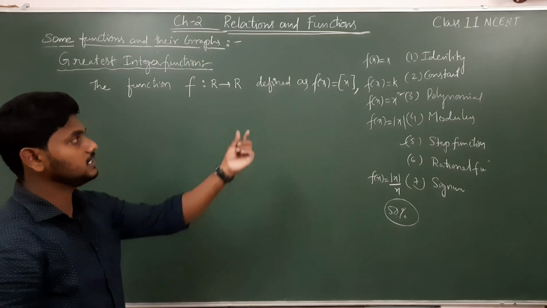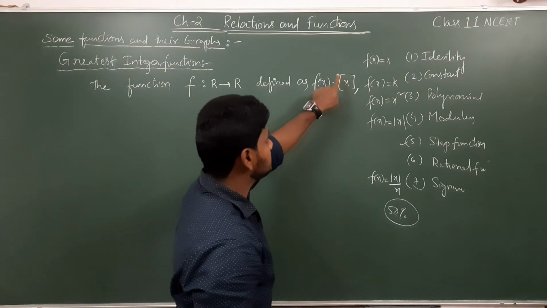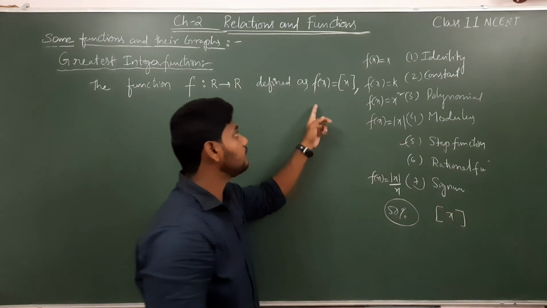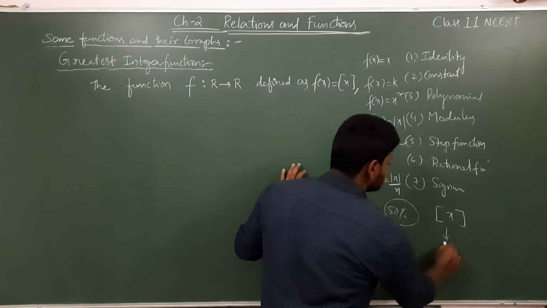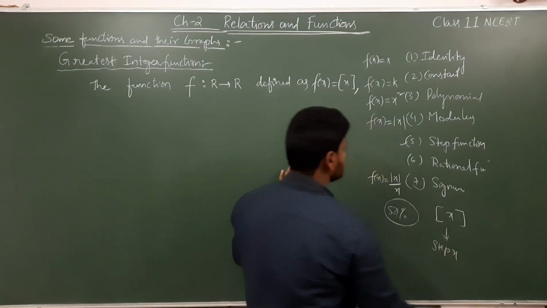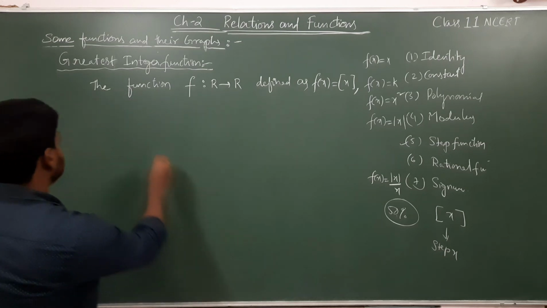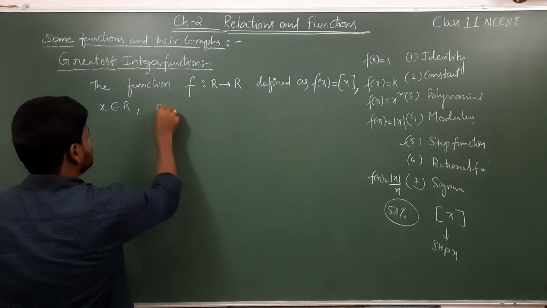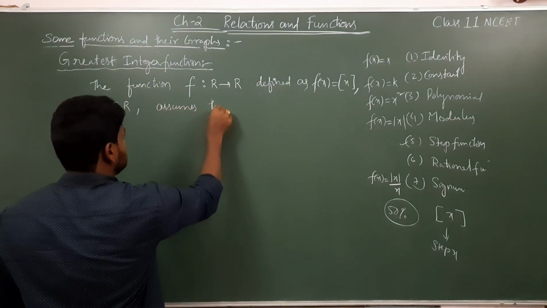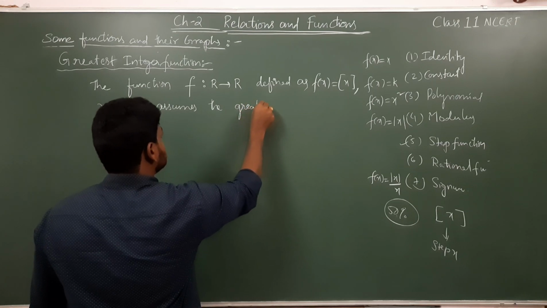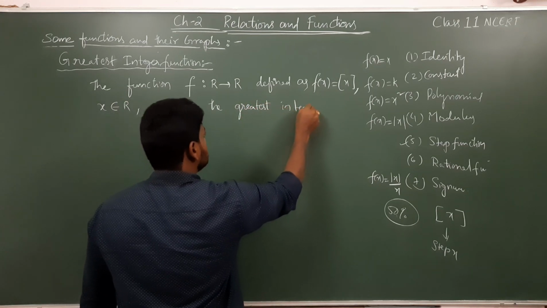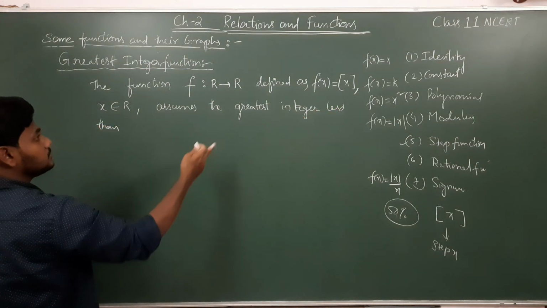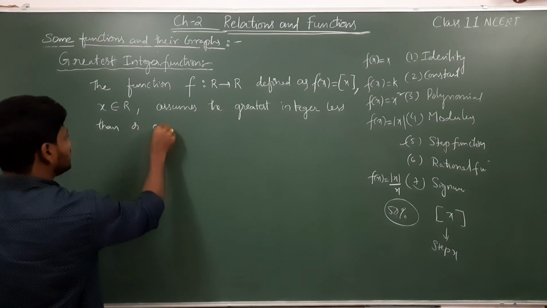We will write x inside closed brackets in the middle, but we will read this as step x, where x belongs to R, assumes the greatest integer less than or equal to x.